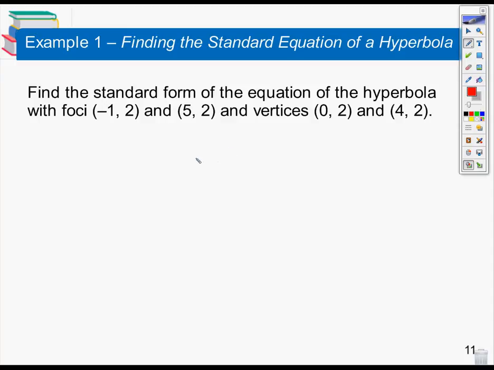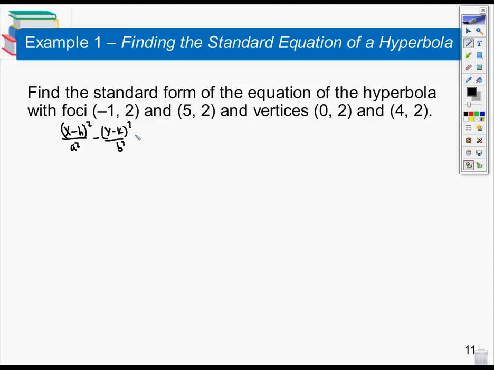So from that information, we're trying to build a standard form equation. Now, much like we did with an ellipse, one of the first things that we need to do is get the center, because the form of the equation has x minus h squared over a or b, depending on whether the transverse axis is vertical or horizontal, minus y minus k squared over b squared.